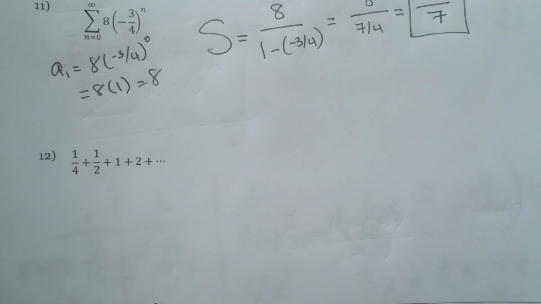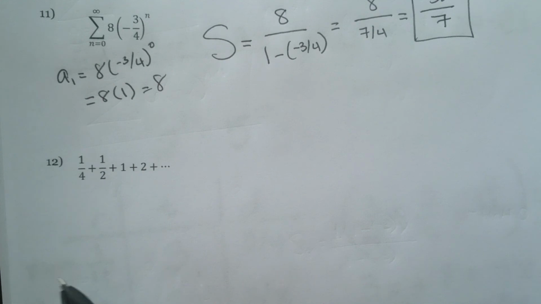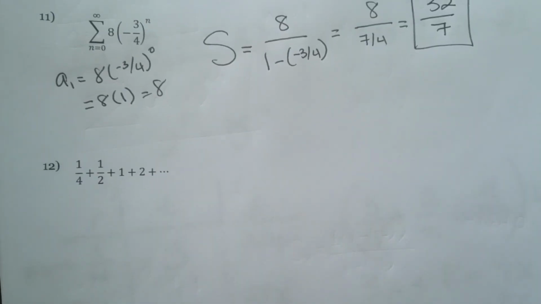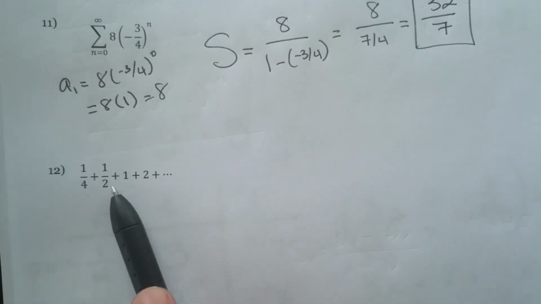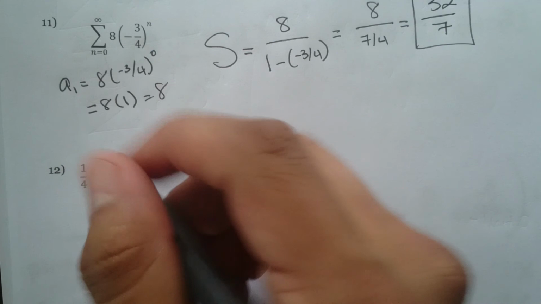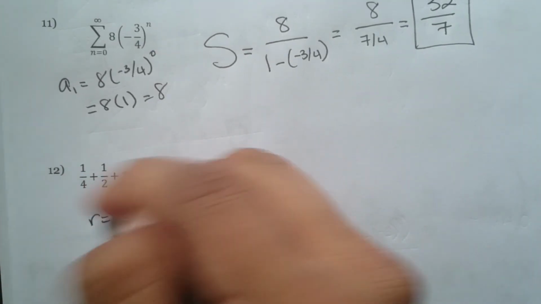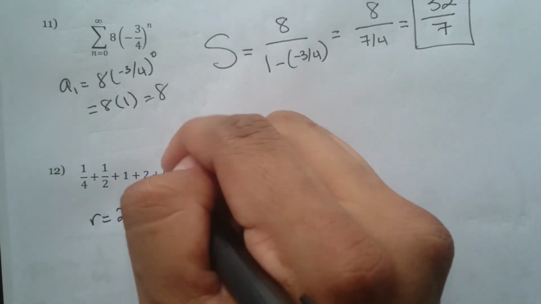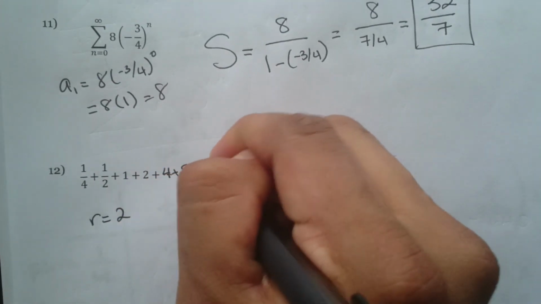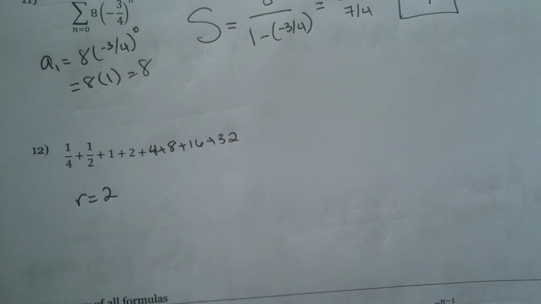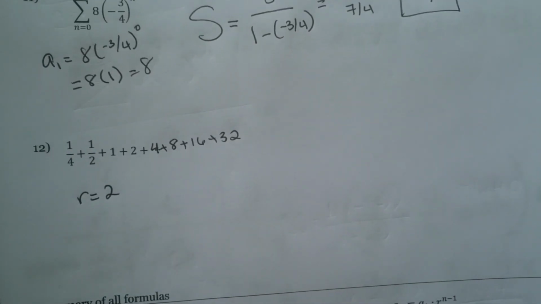All right. Now, the first term is 1/4. And if you plug in all of this information in there, you're actually going to get an answer. But what's happening here is I'm adding bigger and bigger numbers. My ratio here is 2. I'm multiplying by 2 each time. So I'm at 4, 8, then 16, then 32. What happens if you just keep adding bigger and bigger and bigger numbers? Will you ever get somewhere? To infinity. But can you get to infinity?